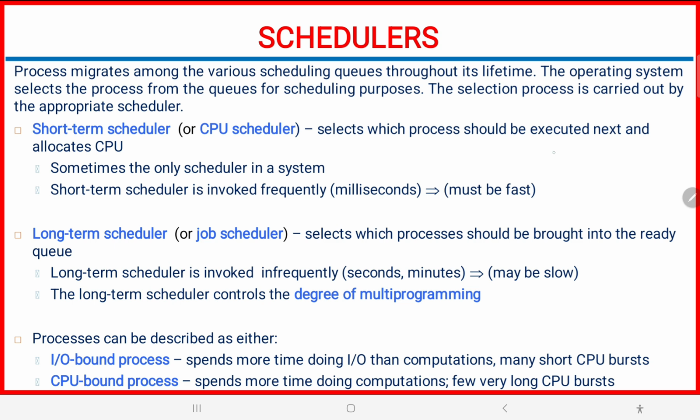The ready queue maintains all its processes in the main memory, and the main memory cannot accommodate all those processes. So those processes are stored onto the disk, and out of those processes stored on the disk, a few of them are brought into the main memory.